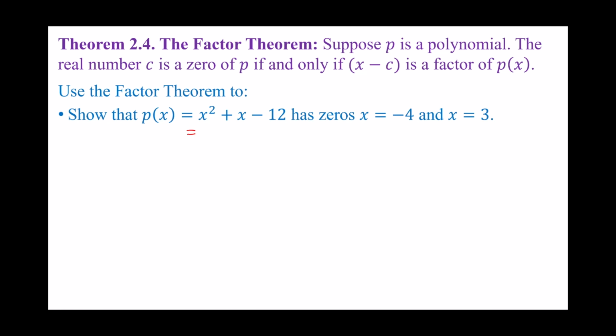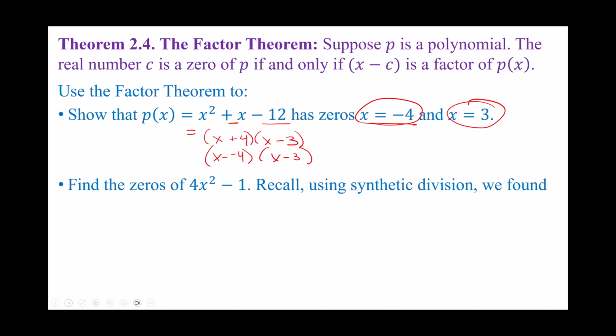Two numbers that multiply together to get negative 12 and add together to get 1 would give us x plus 4 and x minus 3, because 4 times negative 3 is negative 12, and 4 plus negative 3 is 1. So our zeros, this is x minus a negative 4, and this is x minus 3. So we do have zeros, negative 4 and 3.